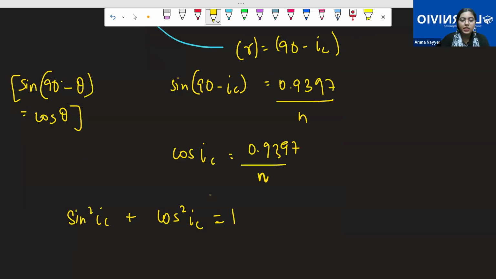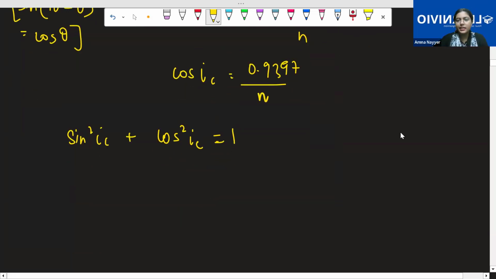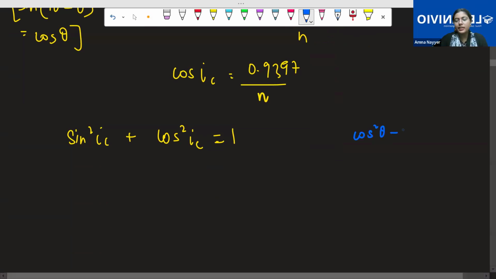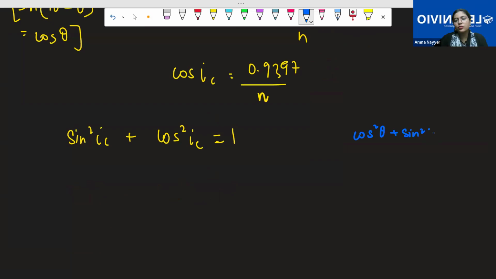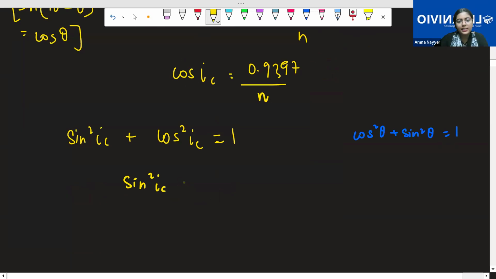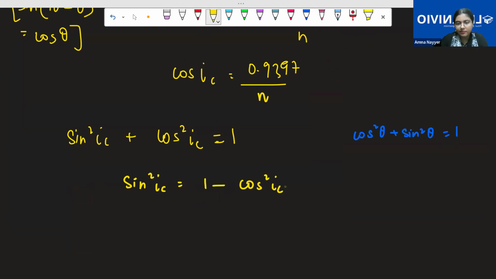Now look, this identity you must be knowing: cos square theta plus sine square theta is equal to 1. Now the angle is IC. So cos square IC plus sine square IC is equal to 1. From here, sine square IC is equal to 1 minus cos square IC.